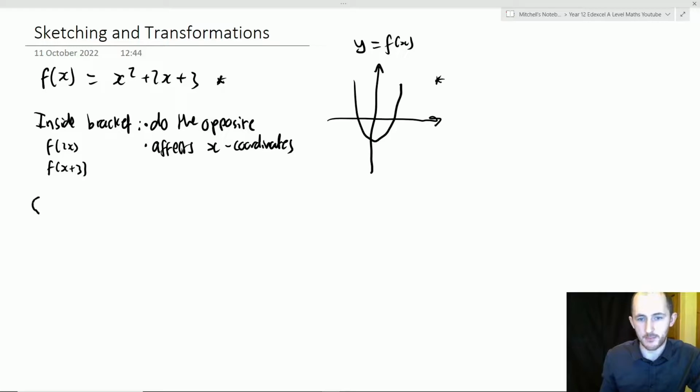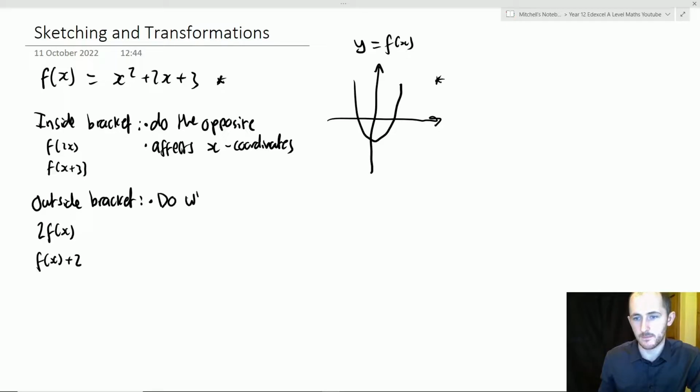Now if it's outside the bracket, so for example, this could be like 2f of x, or it could be f of x plus 2, something like that. You do what it says, and it affects the y coordinates.